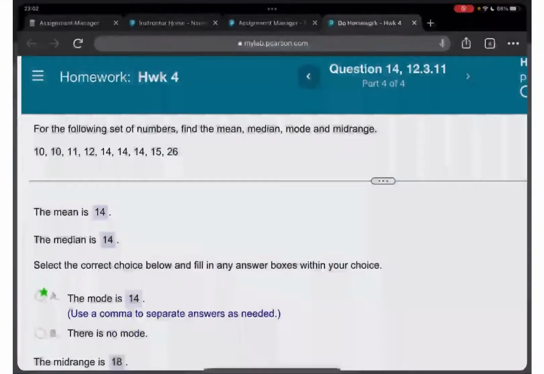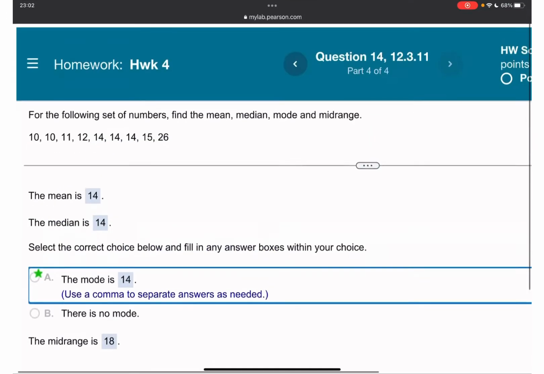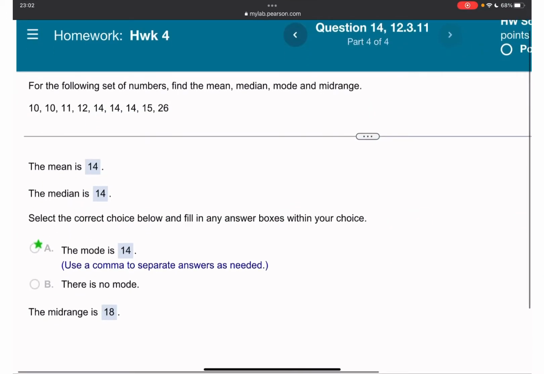And the last question, select the correct choice and fill in the box below. Regarding mode, what is mode? Mode is the most frequent number. Which number is repeated more frequently here? 14. So mode is 14. If we wouldn't have any number repeated, the answer would be there is no mode.